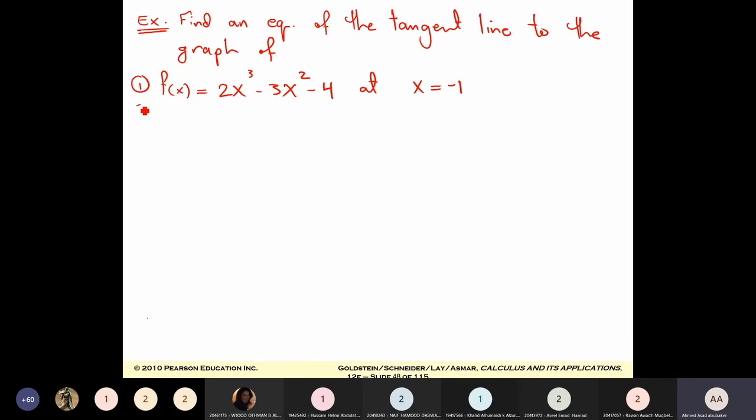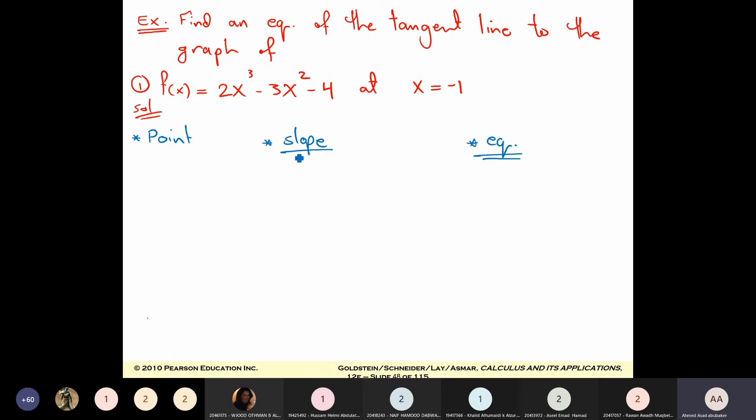Okay, the solution, if we need to find the tangent line equation. To find the equation, we must find the point and slope. After that, we can find the equation.